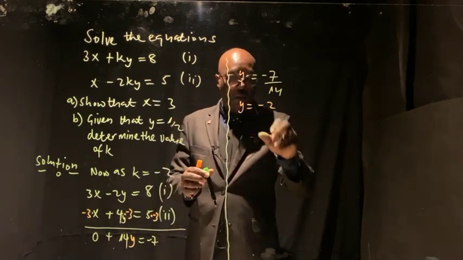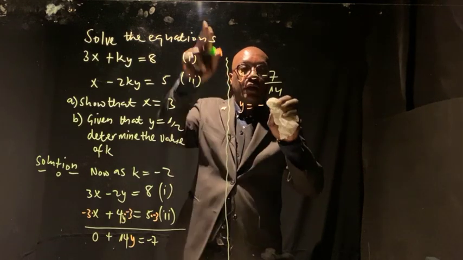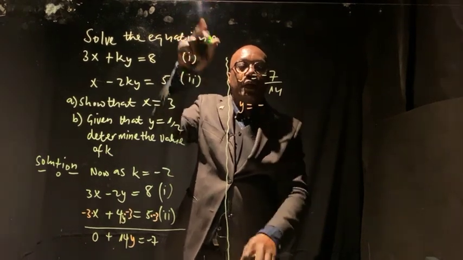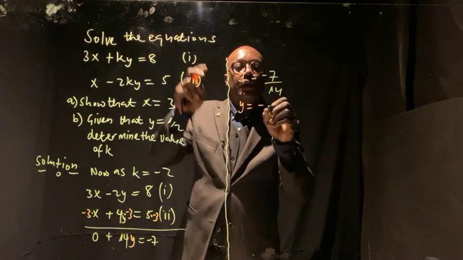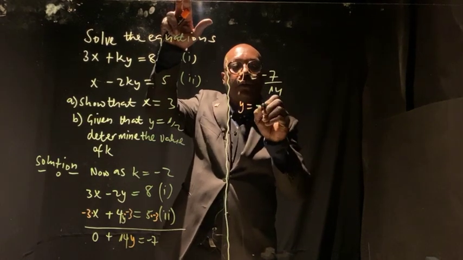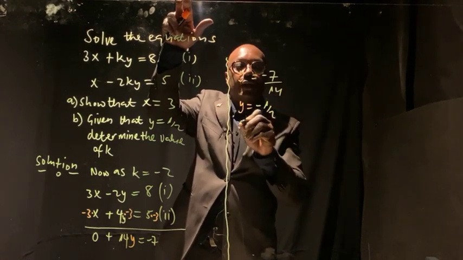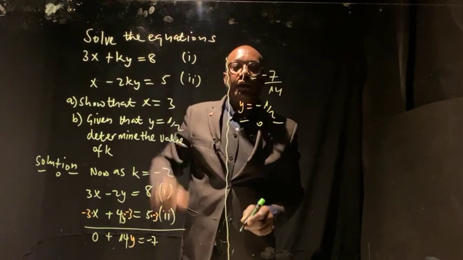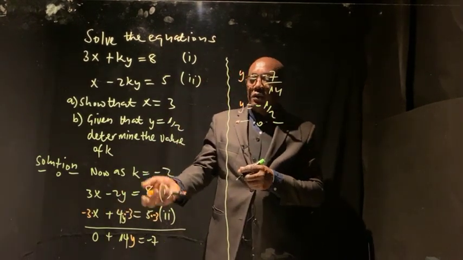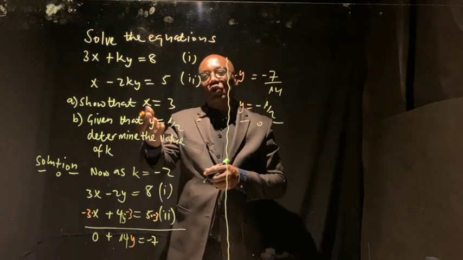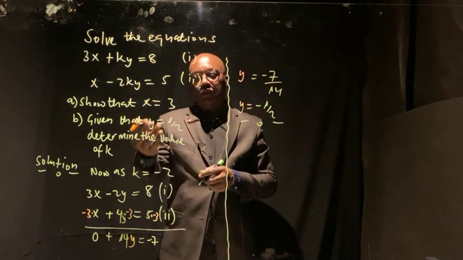Sorry, y equal -half, rather, sorry. y equal -half. Exactly what we were given. Now, we can also find the x value, which you already know is x equals 3.